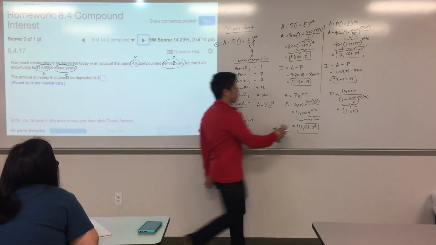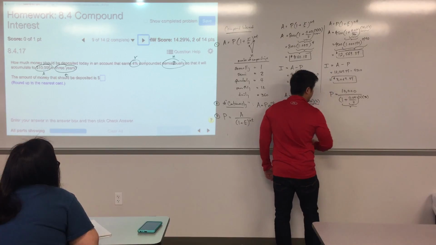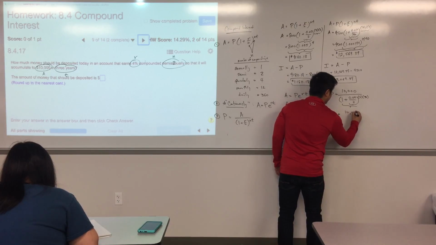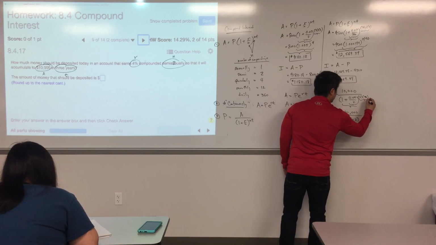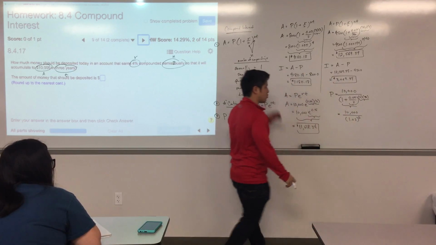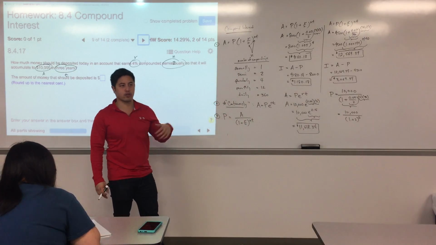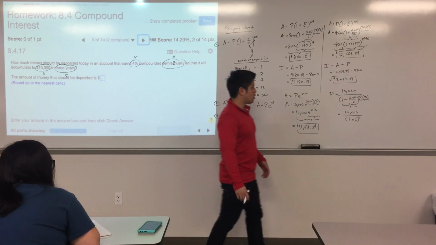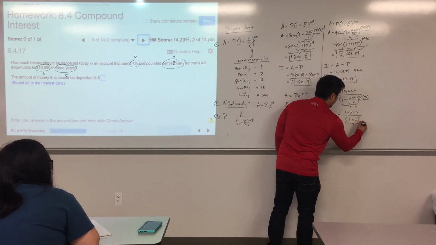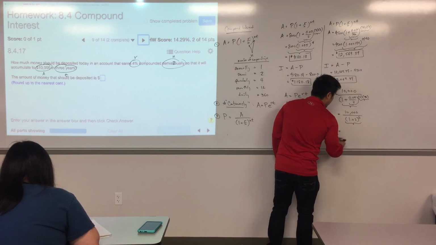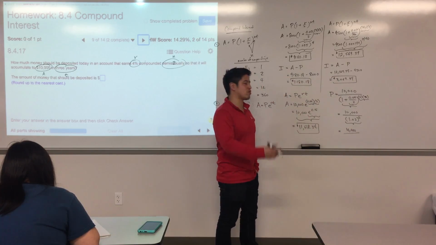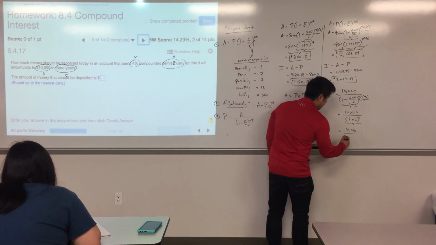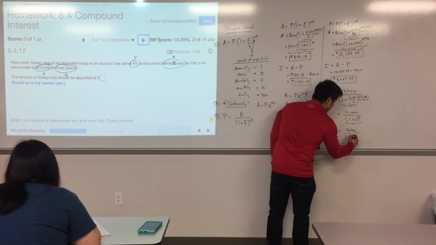So I'm leaving the numerator, 10,000, divided by 1.02 to what power? 6, which is 2 times 3. That's what your next line of work should look like. Now we need to figure out what 1.02 to the 6th power is. Somebody read it to me down to 6 or 7 decimal places. 1.126162419.